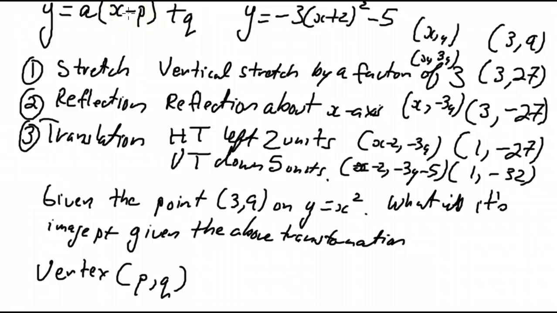So if I give you the vertex, then you know the p and q values. And generally we give you 1 point on the parabola. That gives you an x and a y. So you would know p and q and x and y. And that would leave you solving for a. In some cases, we may not give you the q value, but may give you the p value.